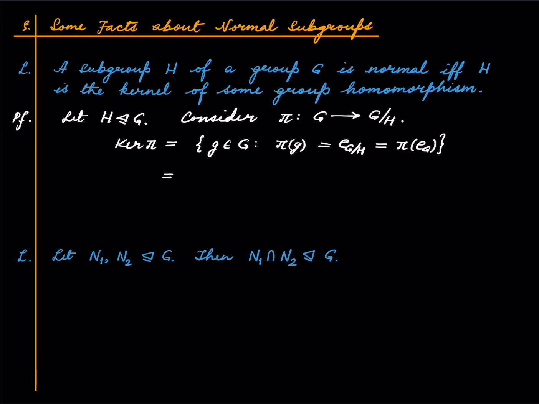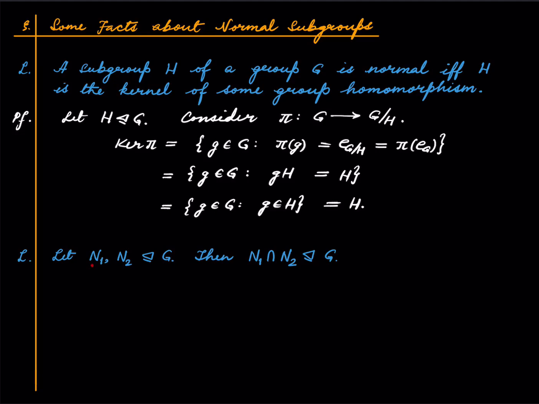So it is those elements in G such that pi of g is equal to H, because the image of e_G is H itself. Therefore this is the identity of the quotient group. And this implies that it's those elements in G which actually lie in H, which is equal to H. So the kernel of pi is precisely H, and we have proved this lemma.